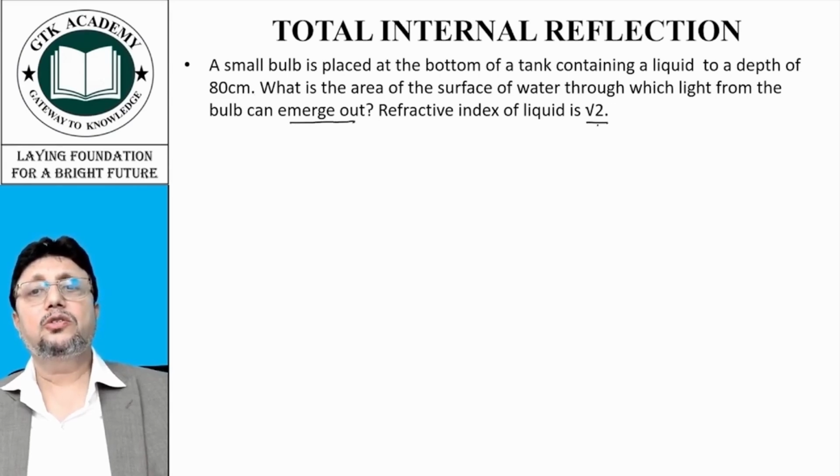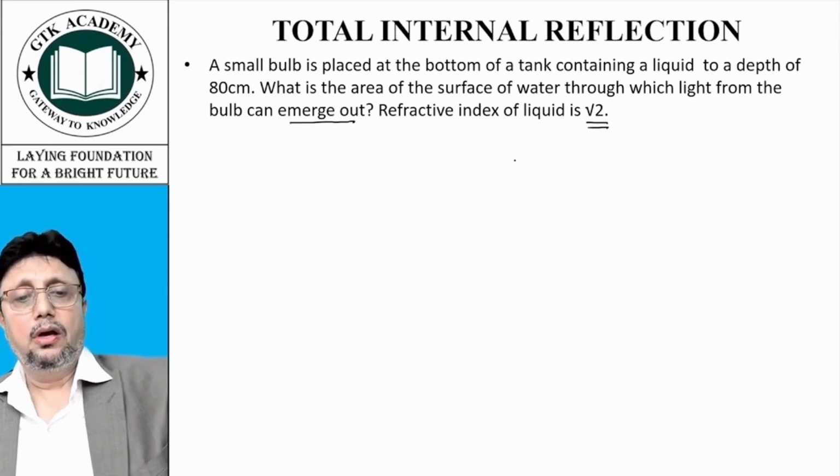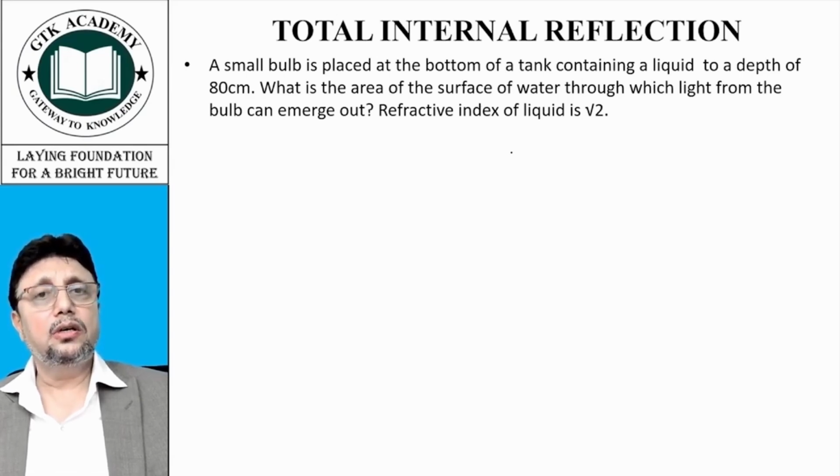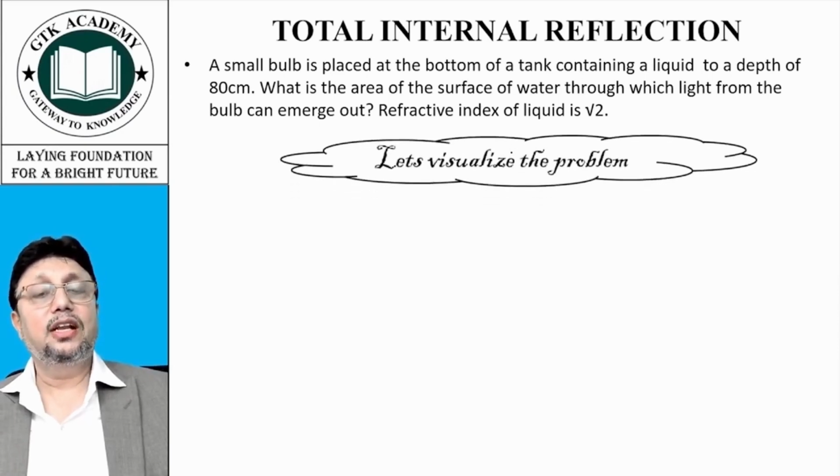The refractive index of the liquid is given as under root 2. Now if you read the question, that means only some portion of the light comes out. That is being said in the question. You can easily make out that this is a question of total internal reflection. Now let's analyze the question. Let's visualize the problem.